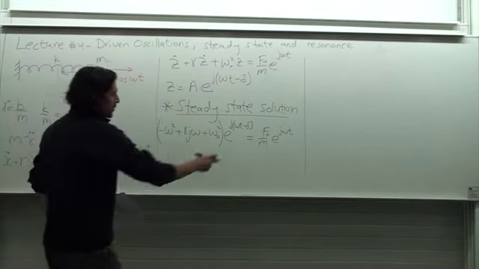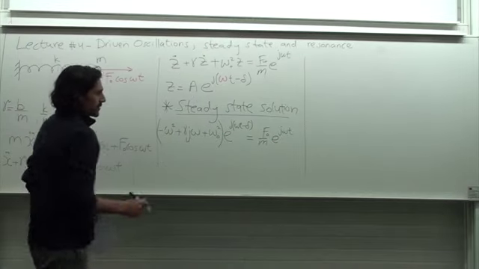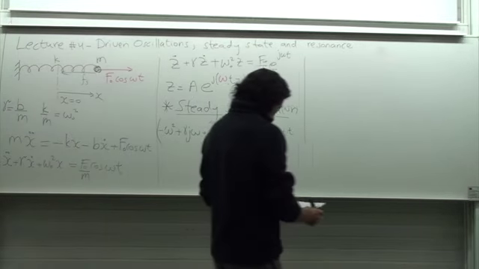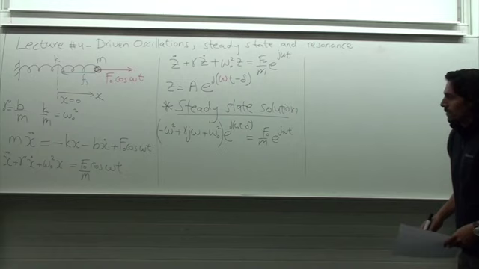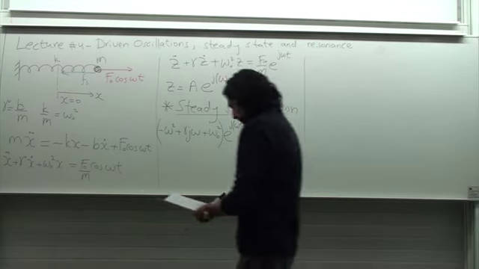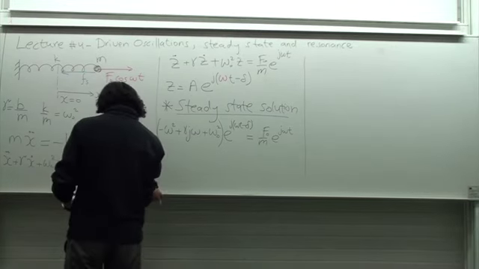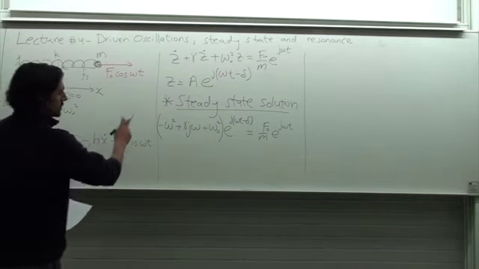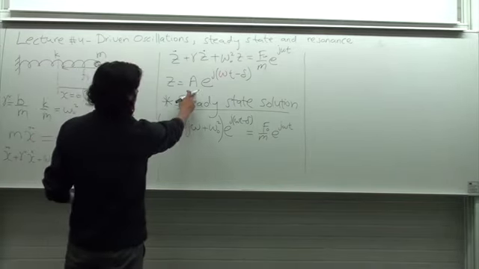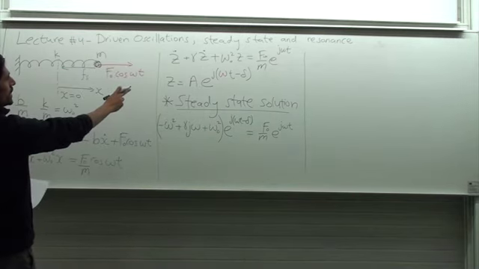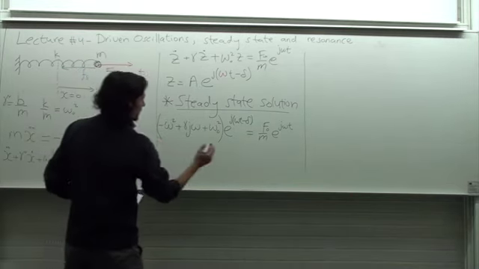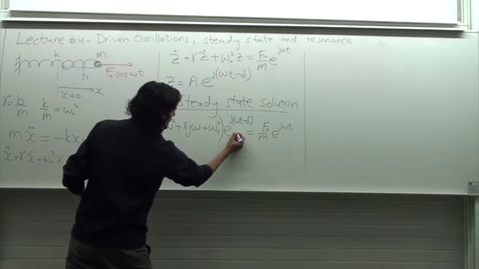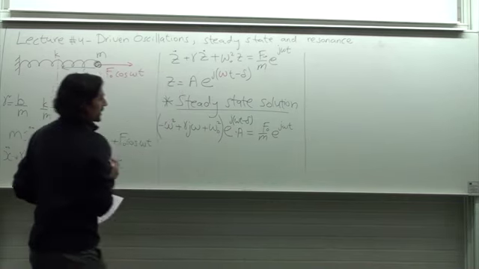Notice that e to the power j omega t cancels from both sides. Where is the A? You should have a factor A here on the left side, right?